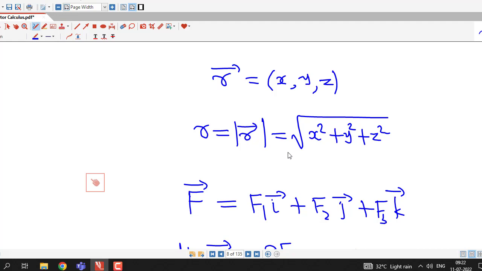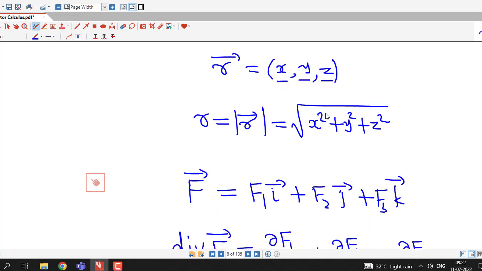That is, length of r bar or magnitude of vector r bar equal to square root of first component square plus second component square plus third component square.